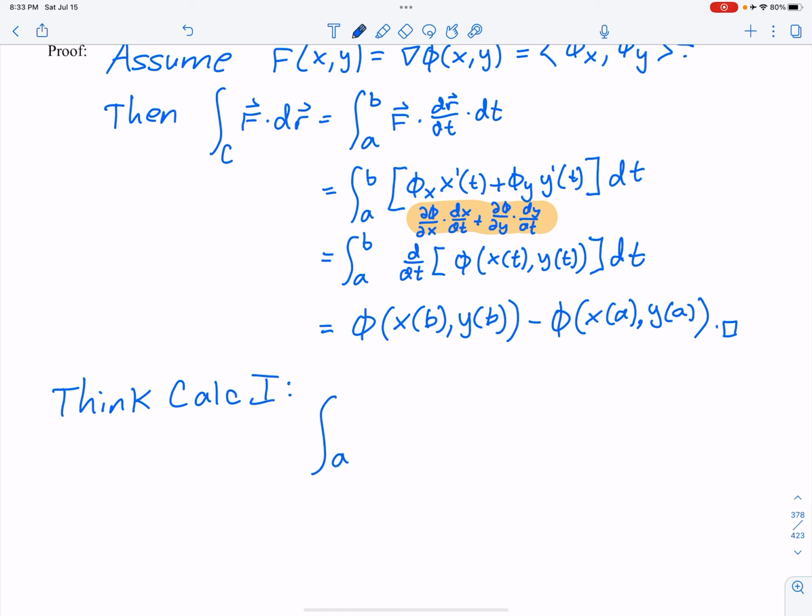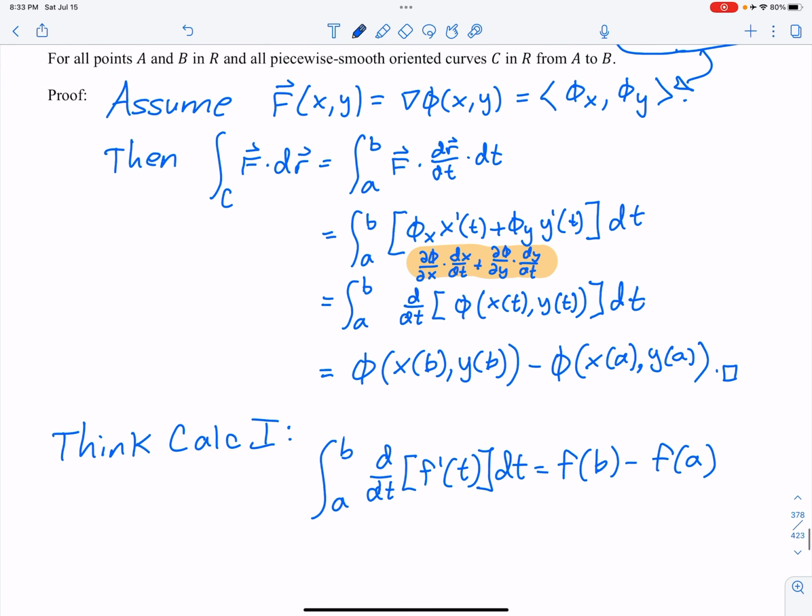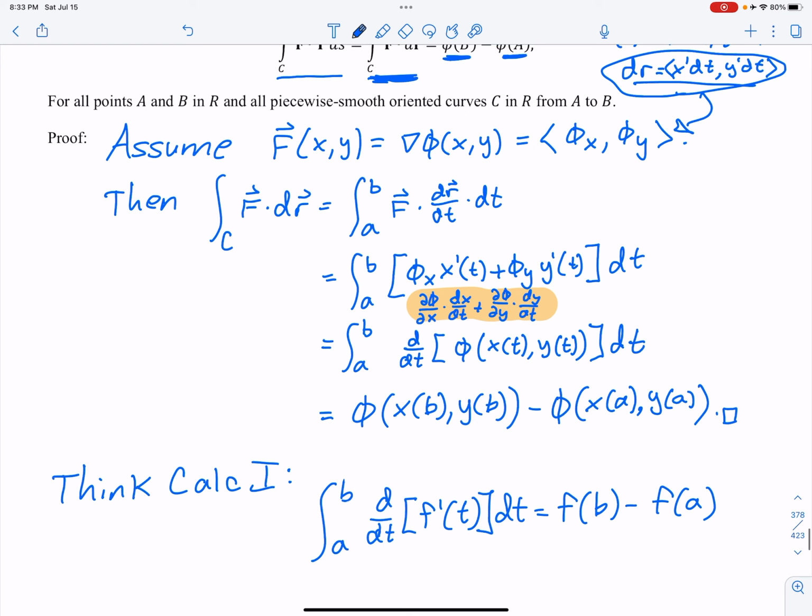If I take the integral from a to b of the derivative of a function, and we'll put a t there, dt, well, how this works out is the derivative and the integral undo each other, and we would get the function itself at b minus the function at a.